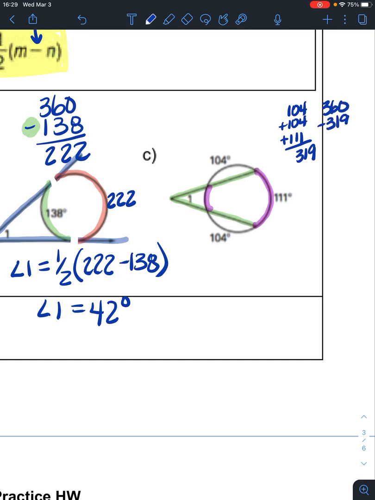So I need to find out how big that little piece is. So I subtract that from 360, and I get 41. So this little arc is 41. Now I have those 2 purple pieces. Now I can use the equation. So angle 1 is equal to half of the difference between 111 and 41. So 111 minus 41, enter, divided by 2 is 35. So angle 1 is equal to 35.